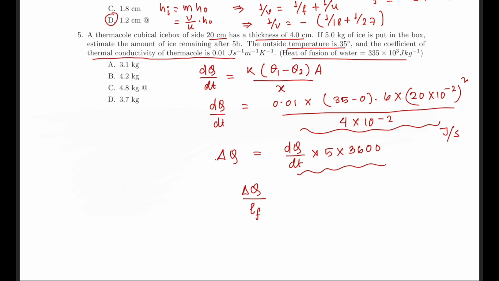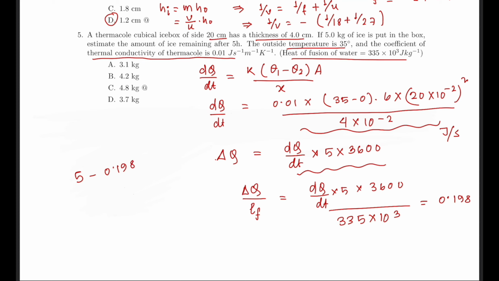So this would be 5 times 3600 divided by 335 into 10 to the power 3, and you will get something like 0.198. So the remaining would be 5 minus 0.198, which is 4.8 kg. Okay, so option C is the correct answer. This is a lengthy problem. Thank you.